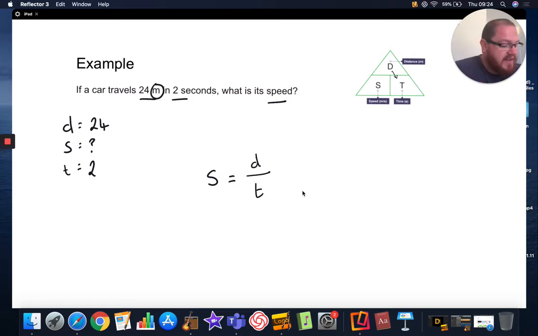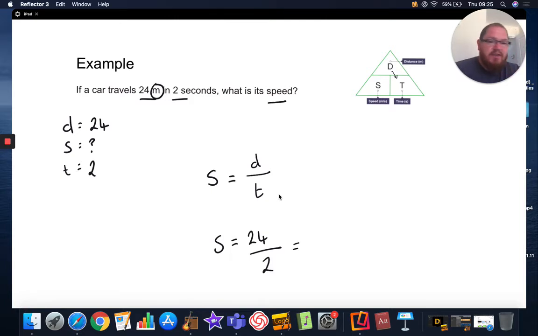Now it's just a case of replacing my letters for values. So I'm going to write this out. S equals, what's my D value? Well, you can see over here, D is worth 24. 24 over, and that's divided by t equals 2. I've got 2 on the bottom.